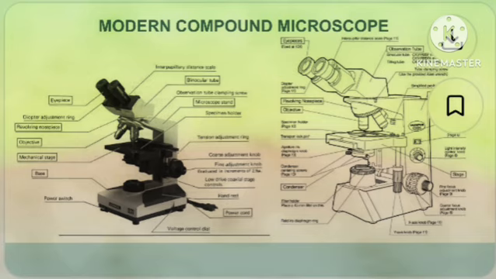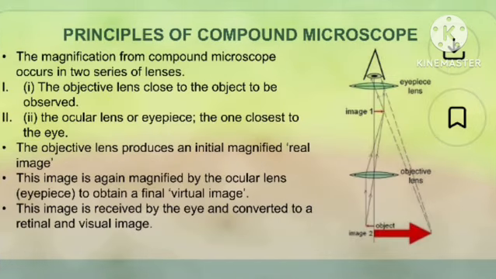Next slides, principles of compound microscopes. Magnification from a compound microscope occurs in two series of lenses. The first is the objective lens, close to the object to be observed, and the second is the ocular lens or eyepiece, closer to the eye.